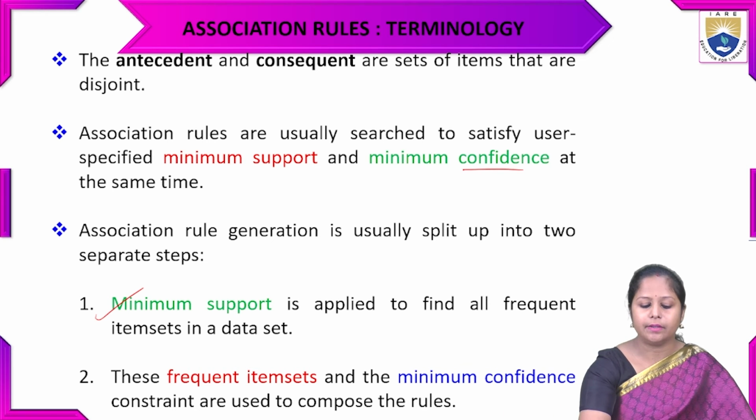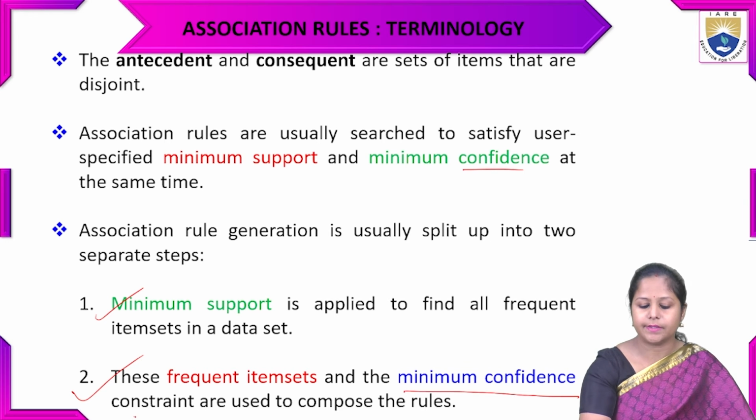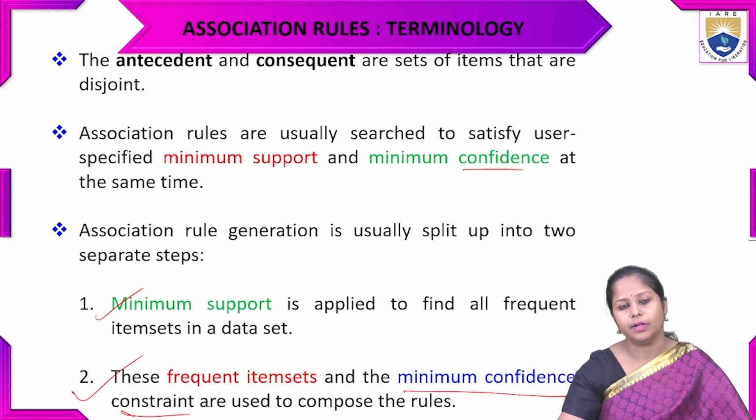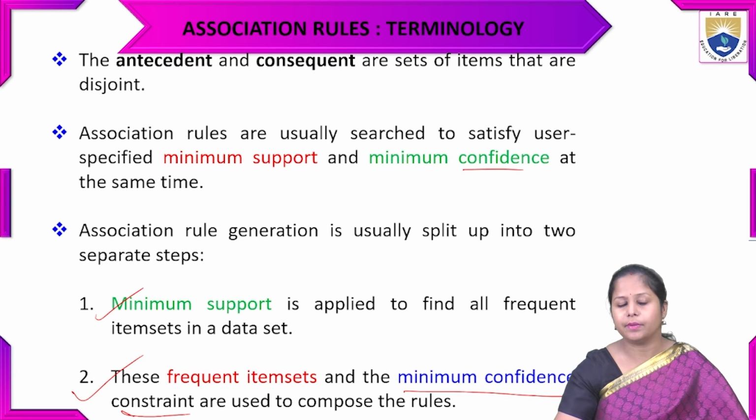Then, each frequent item set and the minimum confidence constraint are used to compose the rule. So secondly, we have to find the confidence. We will calculate the support and confidence, and then write the association rules.